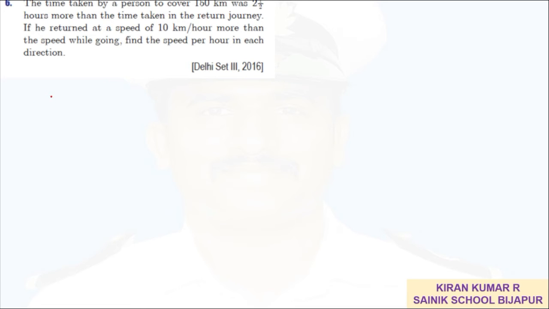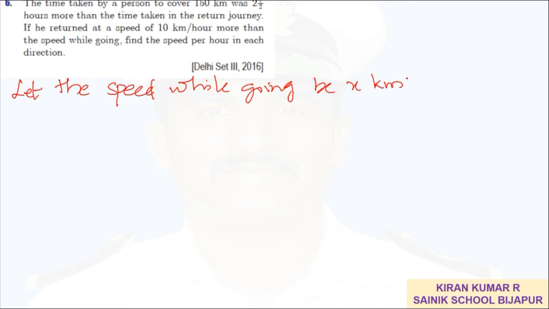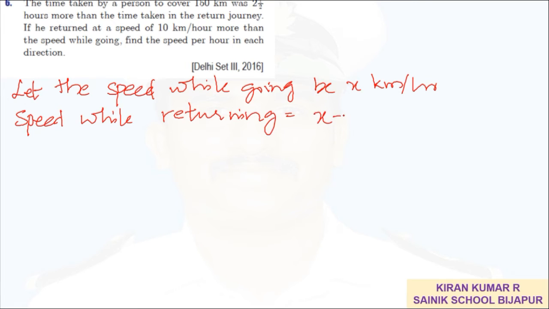While returning, 10 km per hour should be added, so the speed while returning will be x plus 10 km per hour.